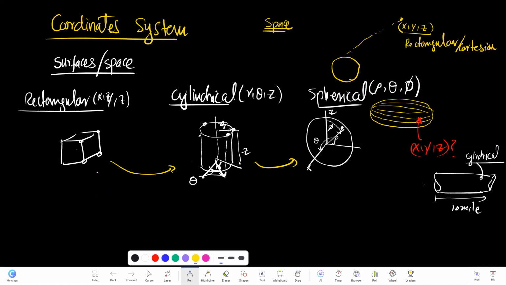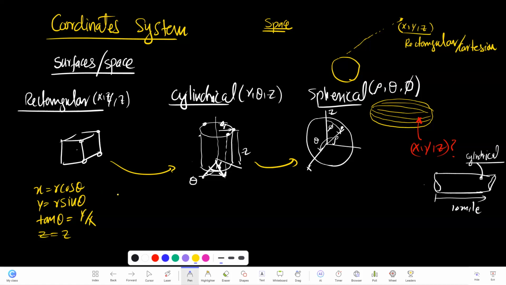The relations we use here are x equals r cos theta, y equals r sin theta, and tan theta equals y over x. If you want to go one way or the other, and z is z.